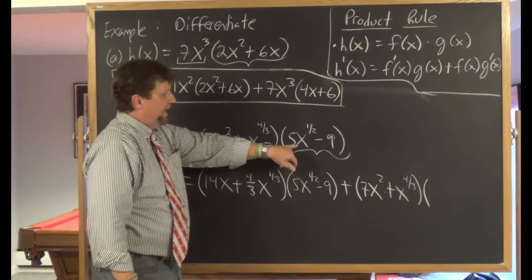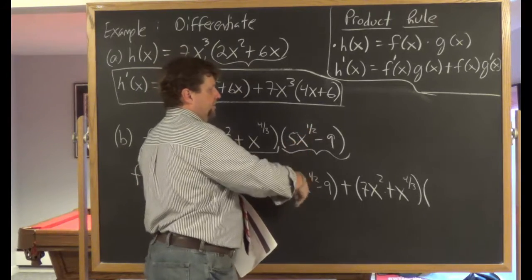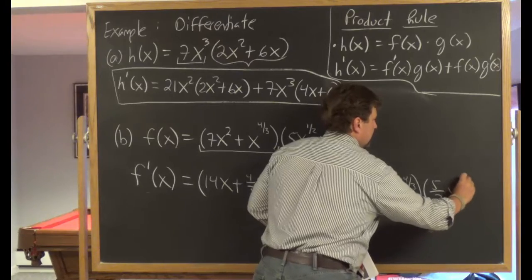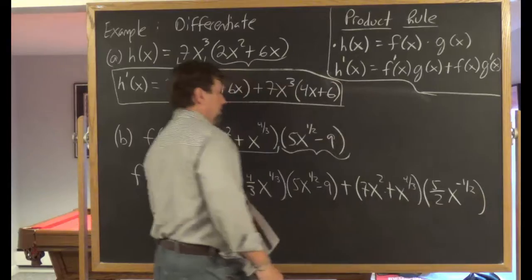So the derivative of 5x to the 1/2 minus 9, looks like that would be 5 times 1/2, that's 5 halves, x to the negative 1/2, and then the derivative of the constant is 0.